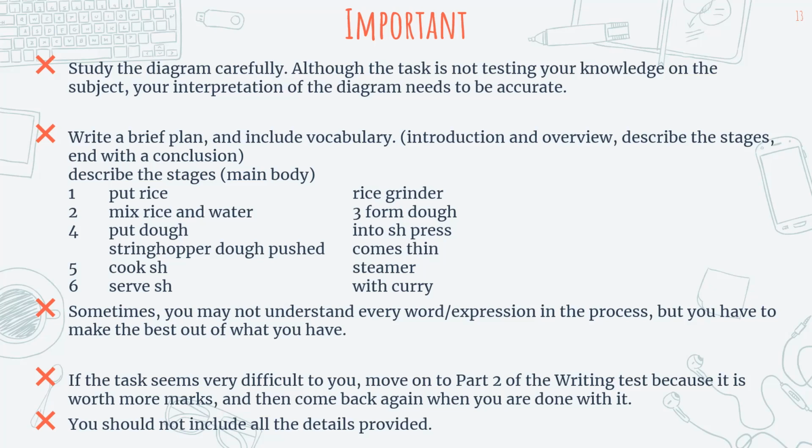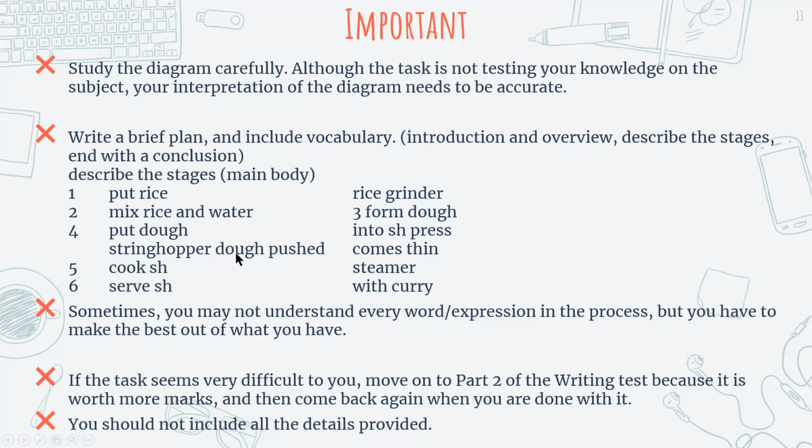I like to just write simple notes. I will have an introduction, then an overview, then I will describe the stages. In the stages, I could just write: put rice in grinder, mix rice with water, form dough. Put dough into SH, which is string hopper. Press.